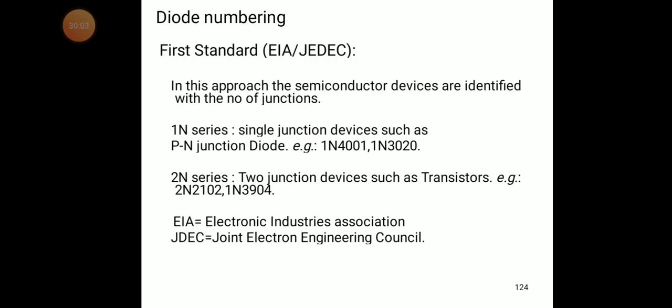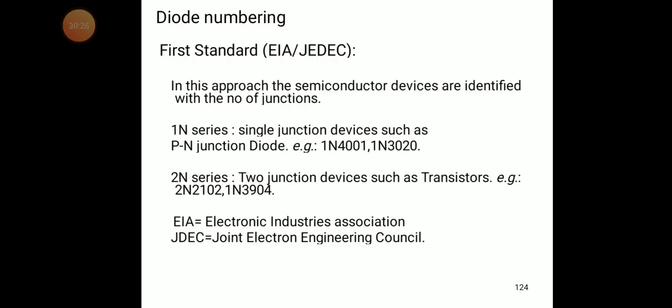By using that, we use this type of numbering. In the 1N series, single junction devices. 1N means single junction, and that's why we call them 1N4001, 1N3020. The meaning is, one junction is there, single junction devices such as the PN junction diode.